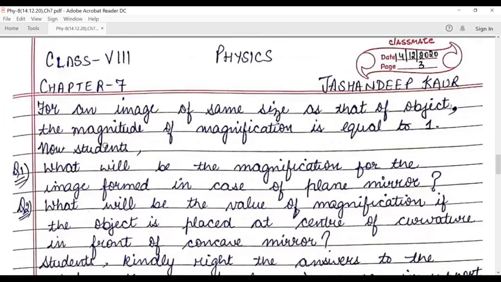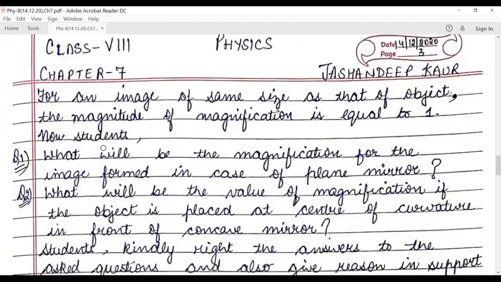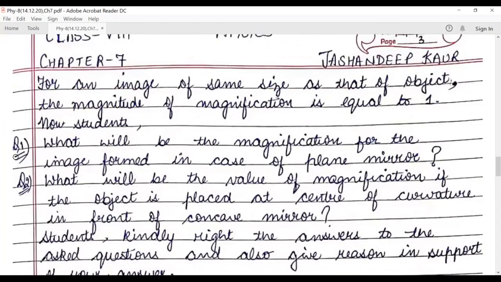Now students, I want to discuss 2 questions with you, and listen carefully. You have to answer them in your physics notebook, and with the answer you have to give a reason too. Question number 1: what will be the magnification for the image formed in case of a plane mirror? You have to give the complete value.